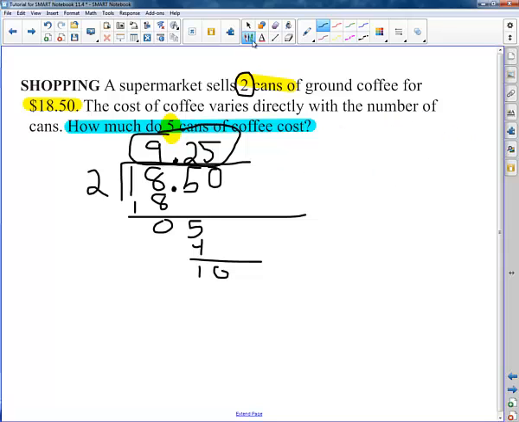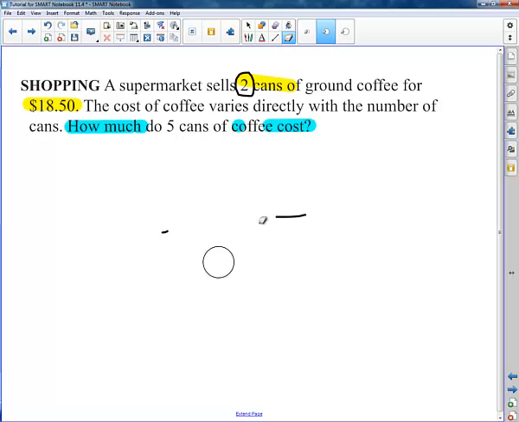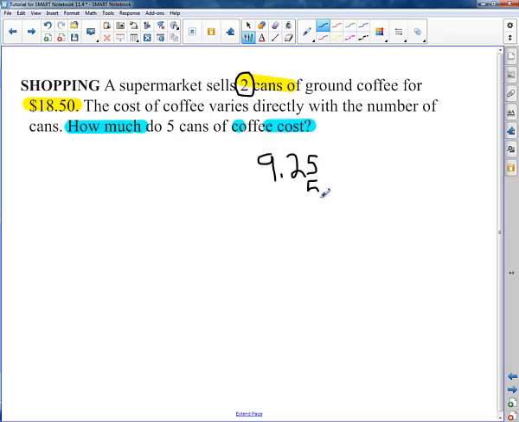So we want to buy 5 cans of coffee. I need to take that number I just figured out, 9.25, the price per can, and multiply it by 5. 5 times 5 is 25. Carry 2. 5 times 2 is 10, plus 2 is 12, carry 1. 5 times 9 is 45, plus 1 is 46.